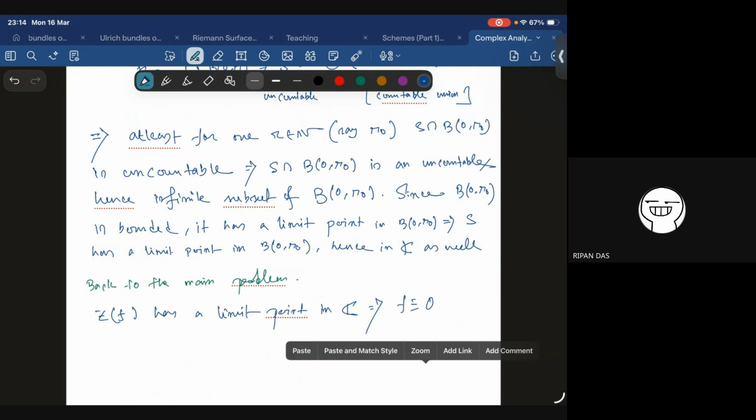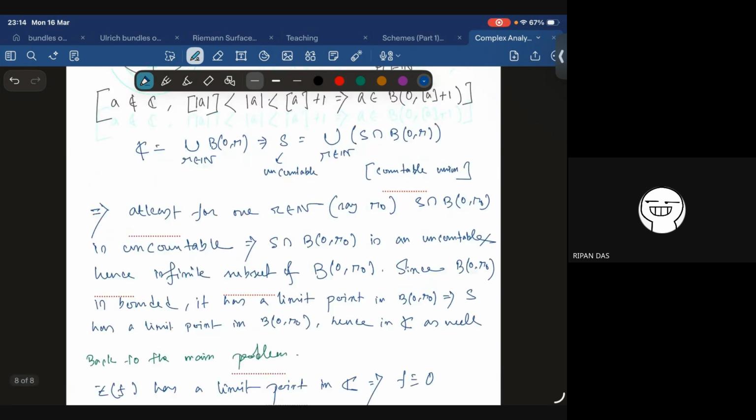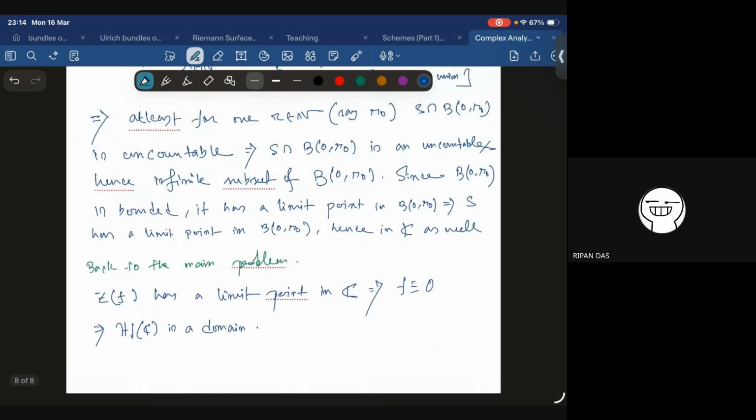Clear? Which implies HC is a domain. No, I should write integral domain, because some of the algebraists might take an issue with that terminology.